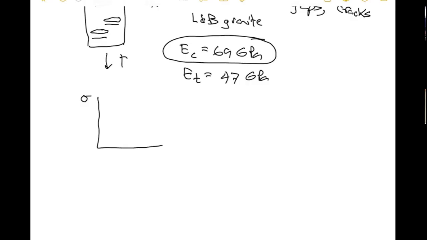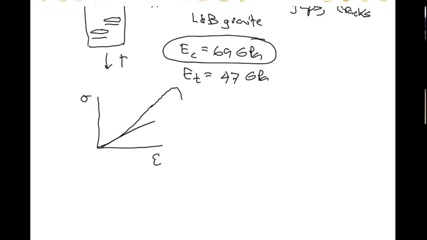And notice another thing, if you recall, when we looked at the UCS test and we did stress versus strain and we looked at the real curve for Lac du Bonnet granite, it does this stiffening, then it's linear, and then it starts doing this. So that means the slope is changing, right?